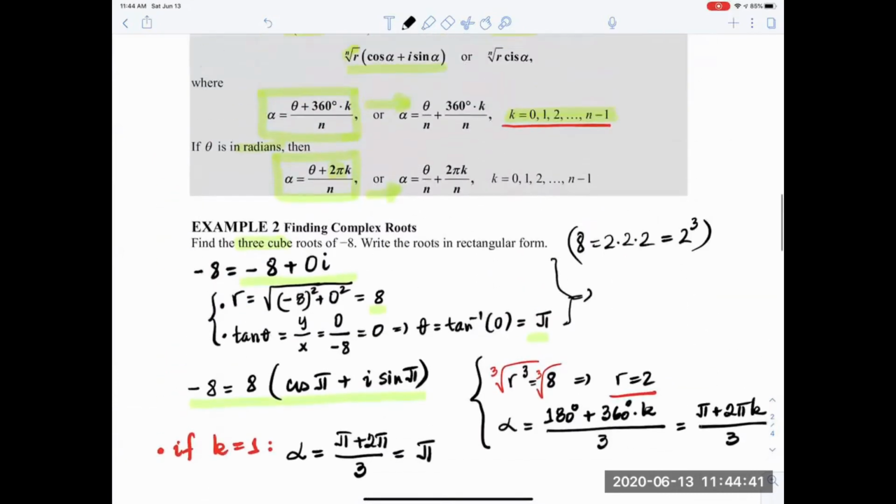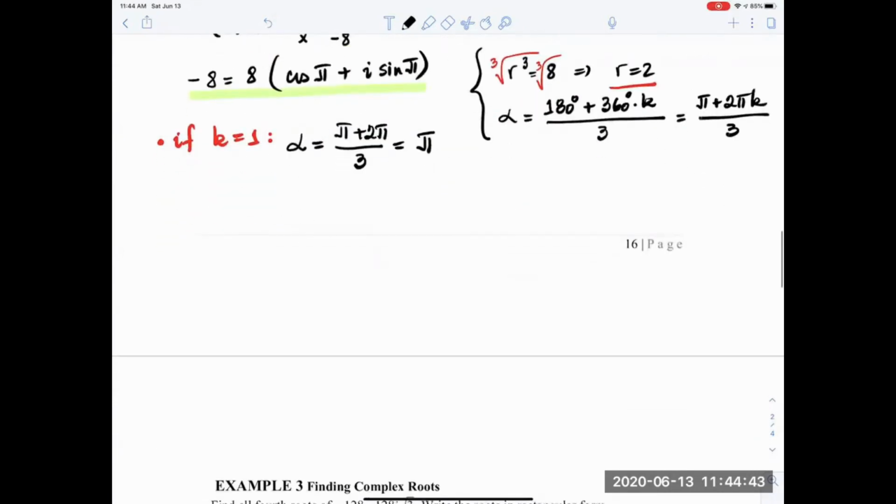I should not skip k equals 0. Let me put k equals 0. If k equals 0, then what do we get? In our case, alpha is 180 or pi over 3. So we have one alpha as being pi, the other one is pi over 3.